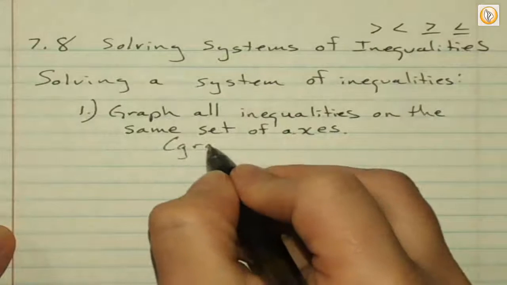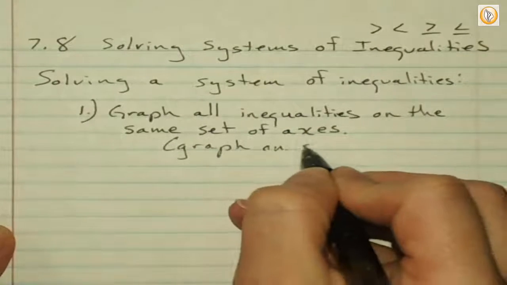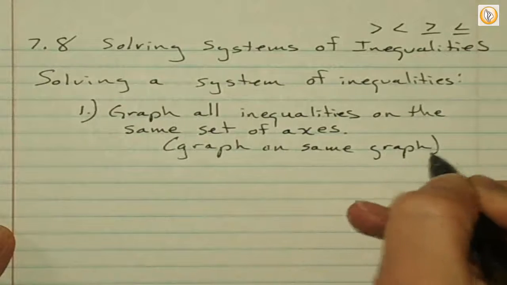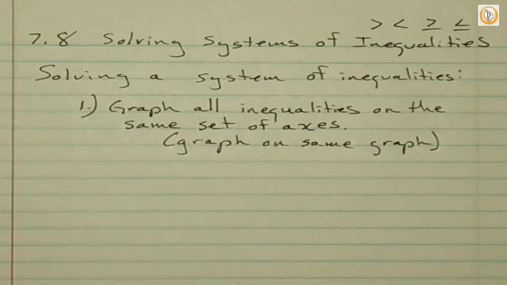Basically, graph on the same graph. So you're basically graphing both lines on the same Cartesian plane. So that is step one.